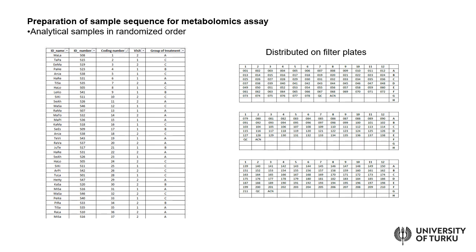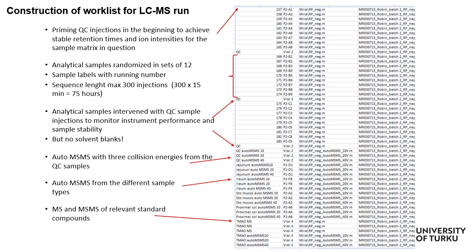And if you are using filter plates for precipitation of the proteins, for example, here is a suggestion of how this set of samples is distributed on 3 different filter plates, and you have there also quality control and solvent blanks. And this is an example of an actual work list for a metabolomics run.